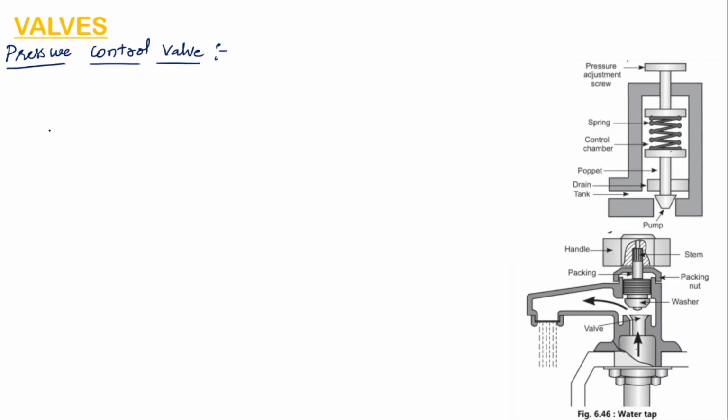The next type of valve which we will study is the pressure control valve. The function of this valve is to limit the maximum system pressure at a safe level.